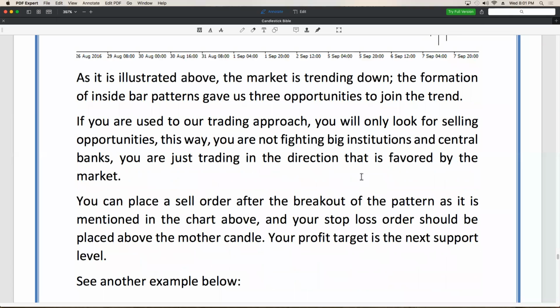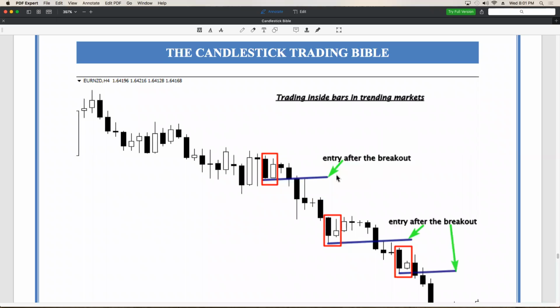Now, see another example below. Basically, up here, it is saying you enter after the breakout of this pattern. This pattern is a mother and an inside candle, and then it breaks out of that. It comes below this. See, this is the bottom of the mother and the inside candle.